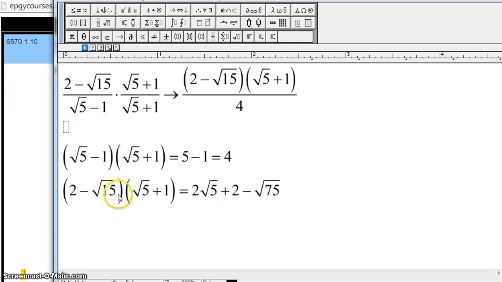And then last is minus root 15. Okay, so this doesn't look that good. Let's see what this comes out to, right? 75 is 25 times 3, which is 5 root 3.